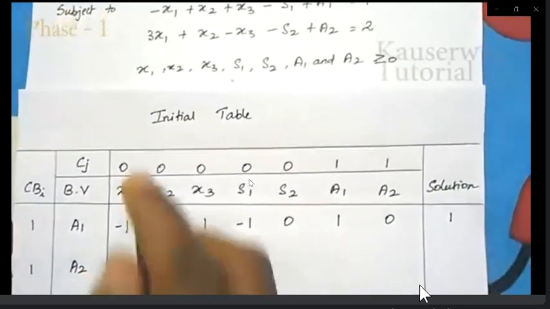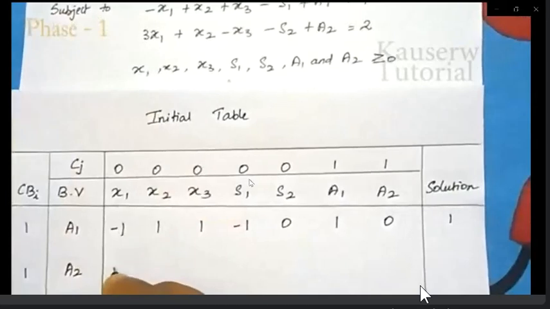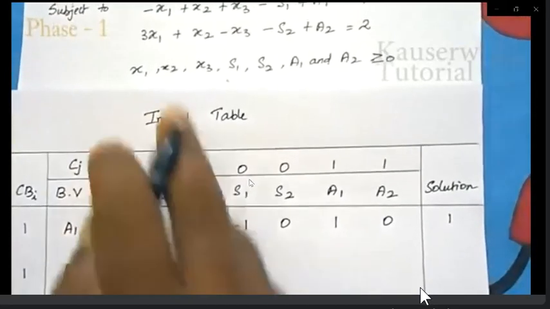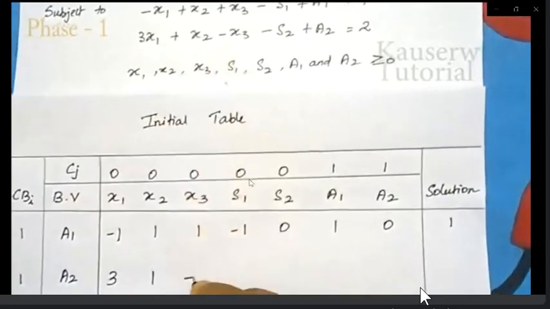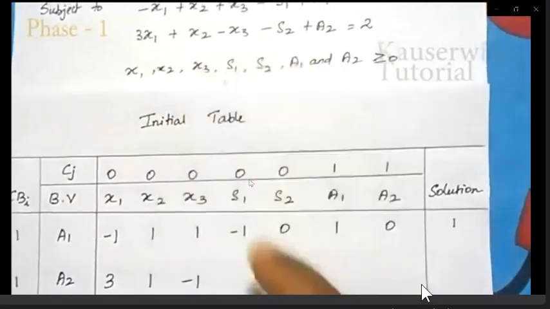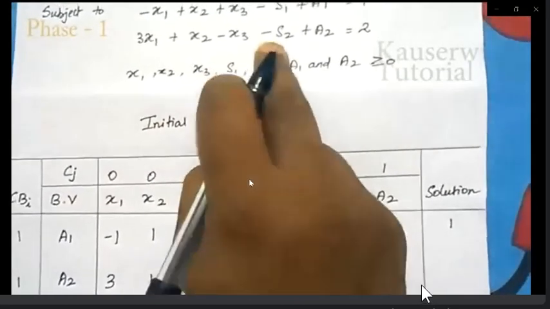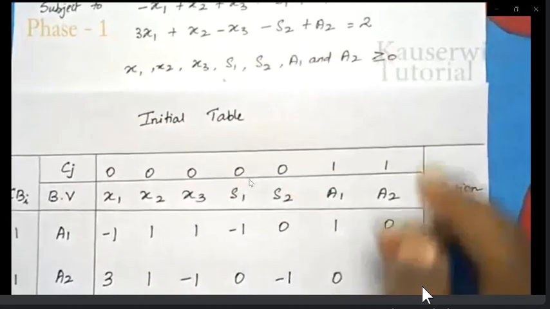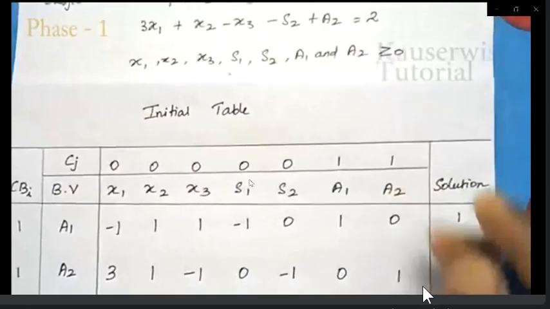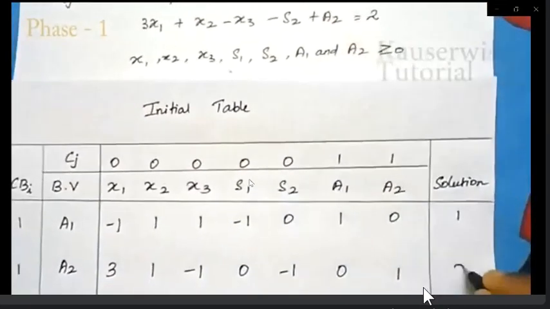In the second constraint, 3x1, so the x1 value is 3. The x2 value is 1. The x3 value is minus 1. The s1 value is 0. For s2, minus 1. No a1, so 0. The a2 value is 1, equal to solution 2.